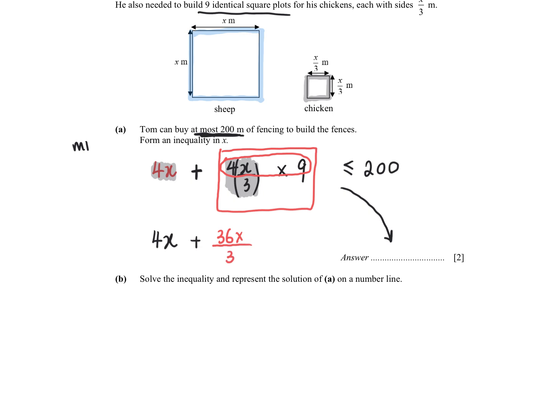Okay, this is what you simplify, less than or equals to 200. This is actually at the bottom already. I'm just showing you how I simplify. So the first mark is removing the denominator, meaning some of you go and multiply everything by 3, but I couldn't give you the mark because you never multiply every single thing by 3.